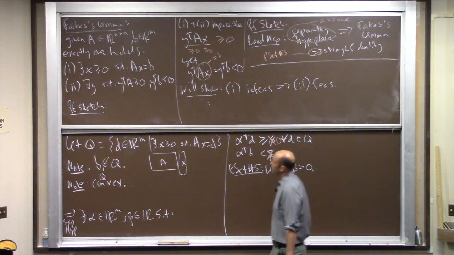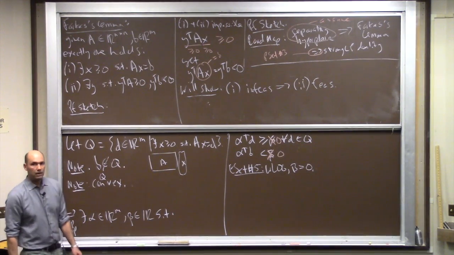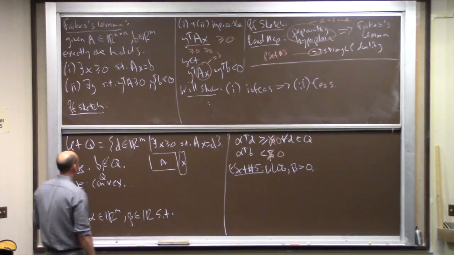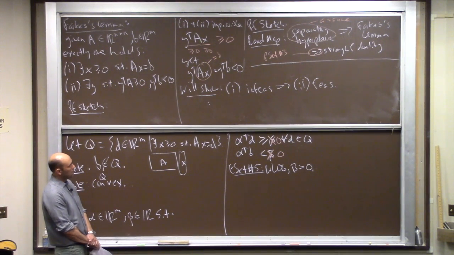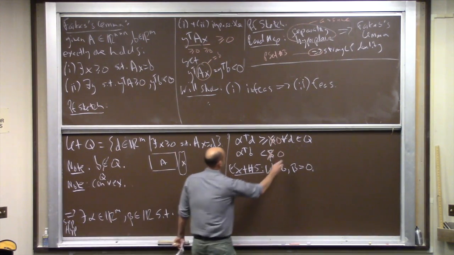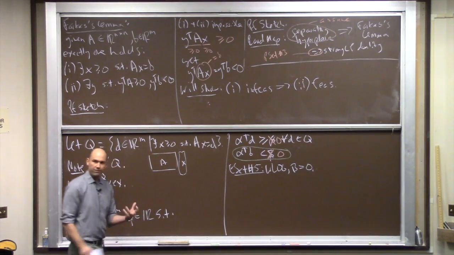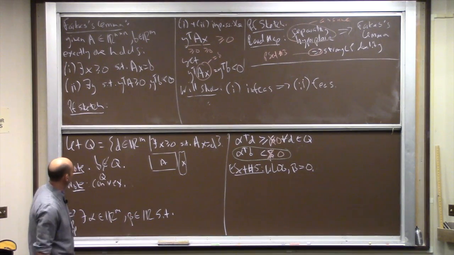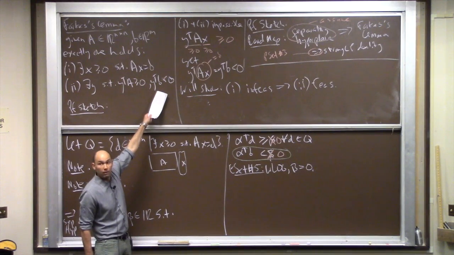Now, compared to what we're looking for, what are we trying to do? We're trying to exhibit a feasible solution to this linear system. We're trying to exhibit a y. What are the two properties y is supposed to have? y transpose this infeasible right-hand side b is supposed to be negative. Well, that's kind of good, right? So if we identify alpha, the normal vector of the separating hyperplane, with y, then this holds.